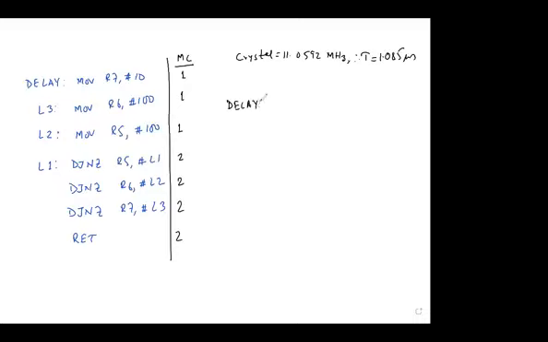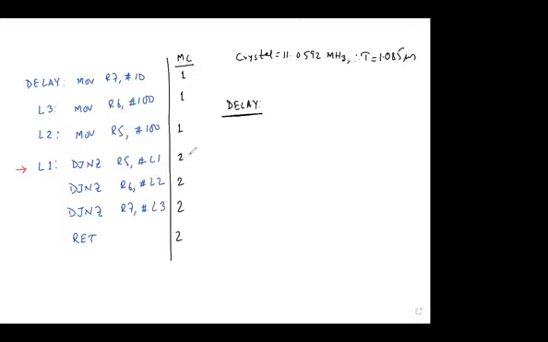Let's see. In order to calculate this delay, you will always start from the innermost loop, or the loop which is encountered the most. If you look at this delay subroutine, L1 will be encountered the most, the innermost loop among all the loops. The machine cycle is 2.